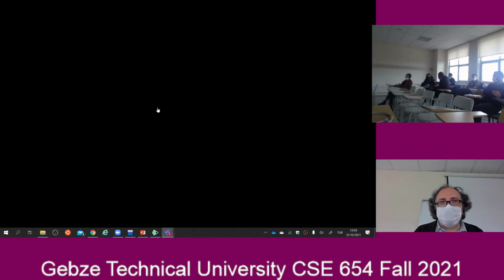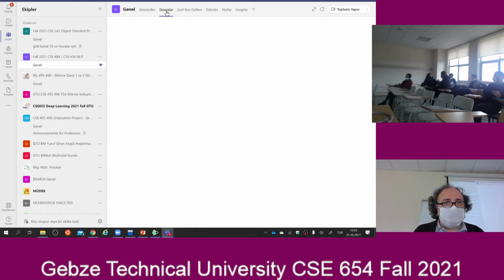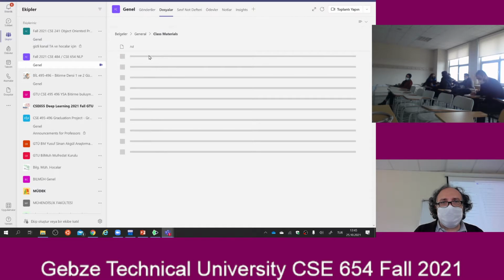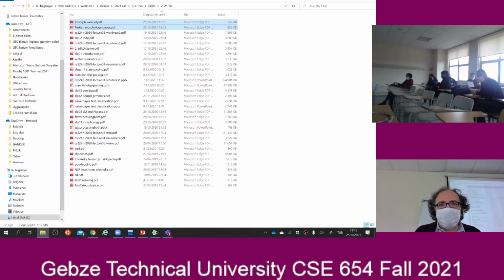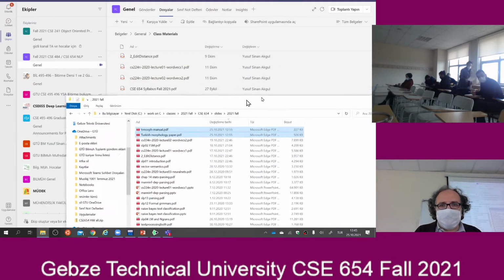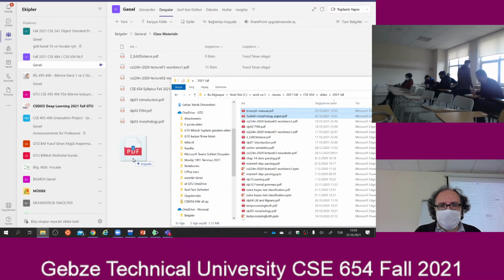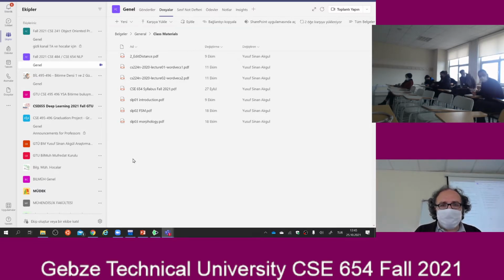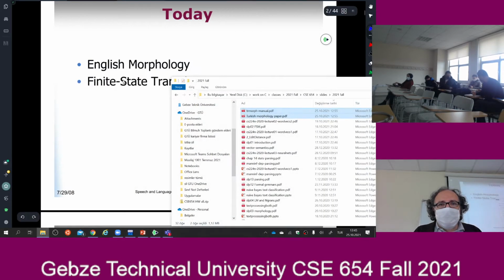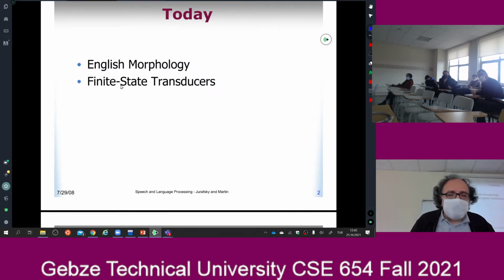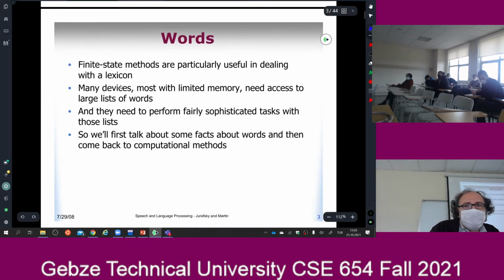So these are my class materials. Can I paste them like that? Drag and drop it. Oh, okay, good, it's working. So this is English morphology, finite state transducer, and Turkish morphology.